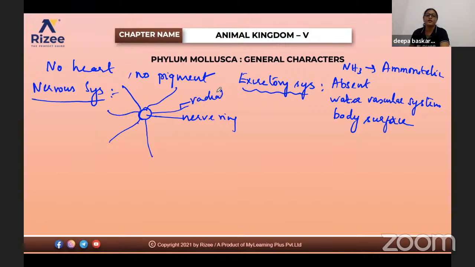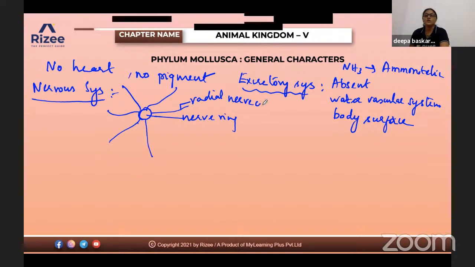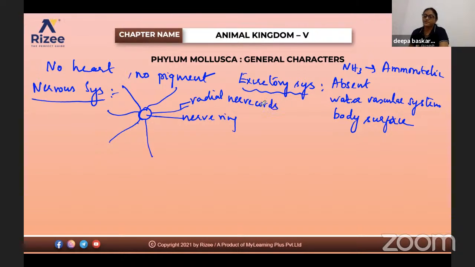That is the neural network. Clear? Yes, sir. Apart from this nerve ring and radial nerve cords, there is no brain. No brain. Only the nerve ring is acting as the major part of the nervous system.